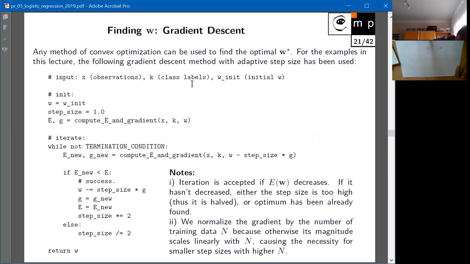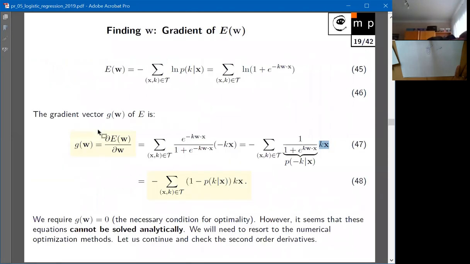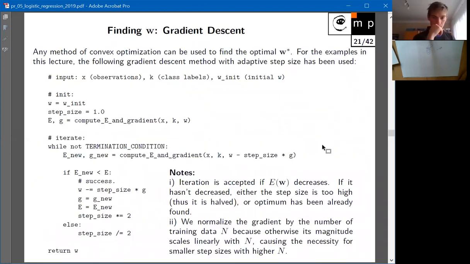We start with some guessed W, we choose our step size, and compute the gradient, which is what we have just here: sum over all points from the training set, calculate this quantity for the W you have chosen, which is your current value. Kx is known, and we get some gradient.